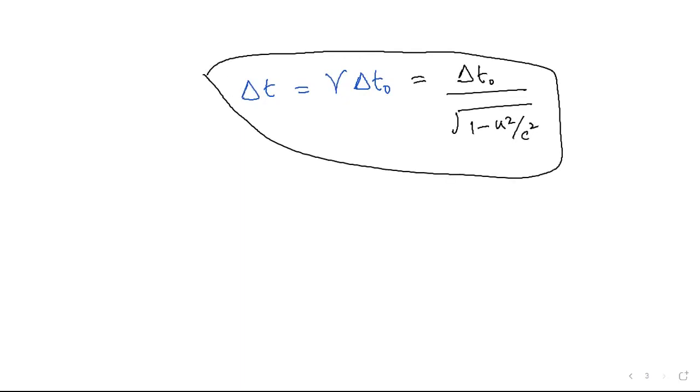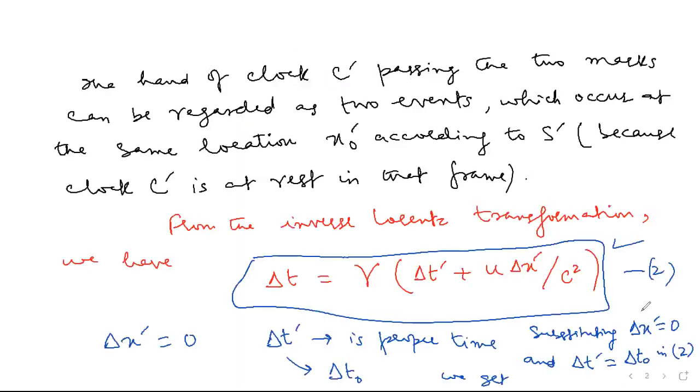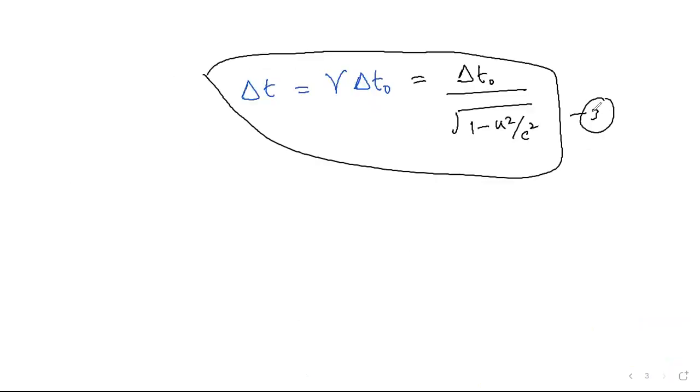Let me name it equation 3. This is my equation 3, because gamma is equal to 1 over square root 1 minus u square by c square.